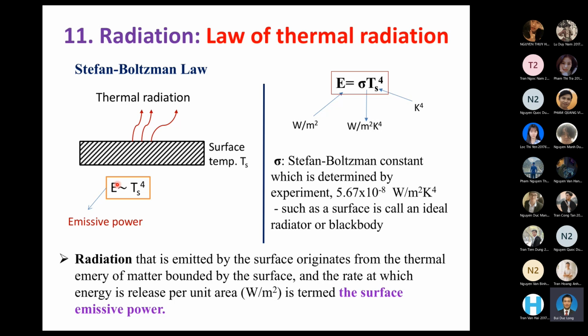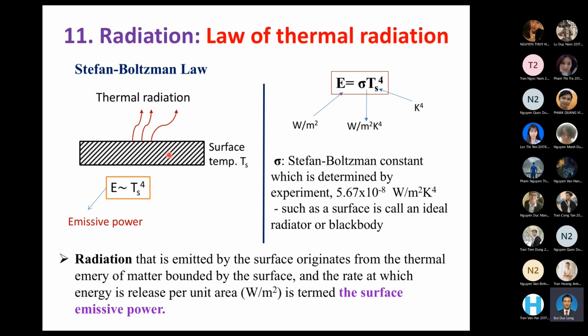So E will be proportional to Ts to the power of 4. This is the energy. For different materials, different temperatures, different surfaces, and environments, the energy emitted from the surface will be different.